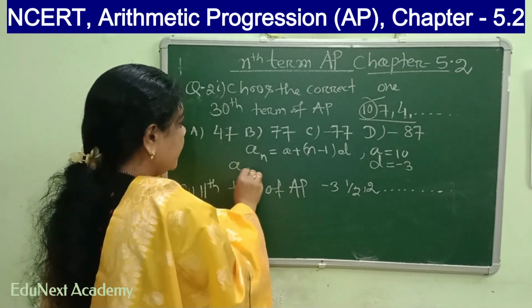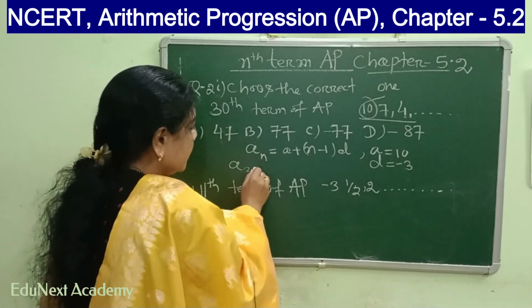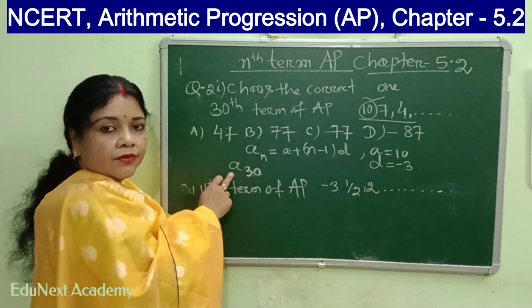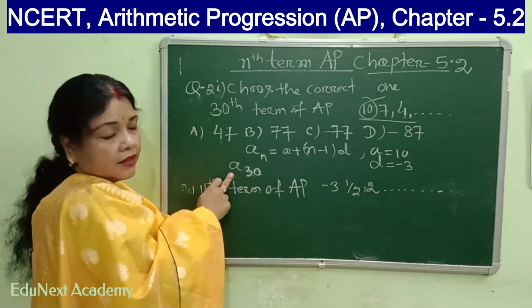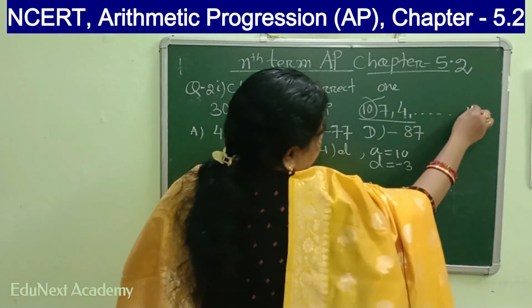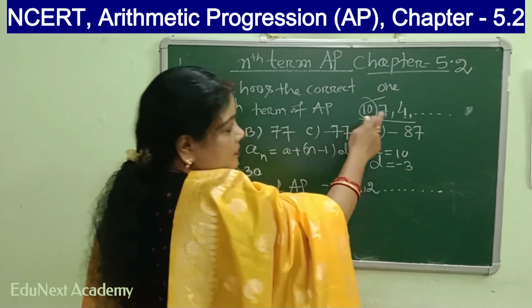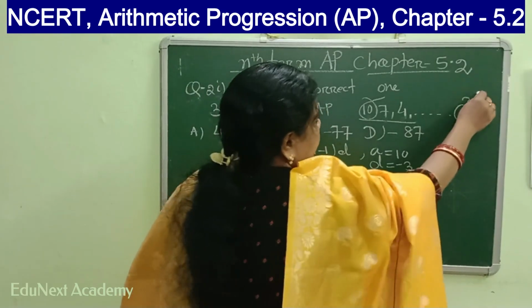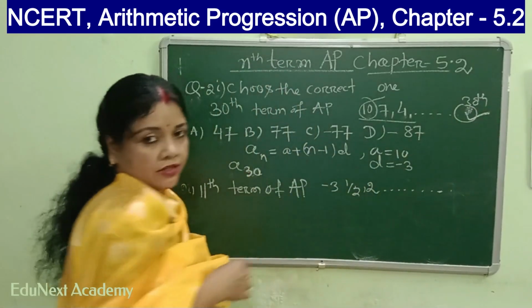We have to find the 30th term, that is a30, in the AP. After the first term, second term, third term, what will be the value of the 30th term? We have to find this term.